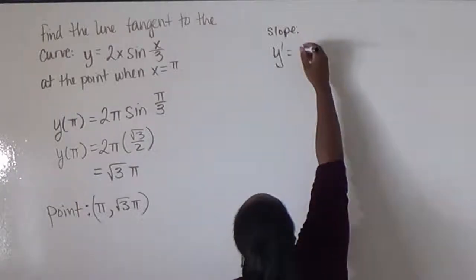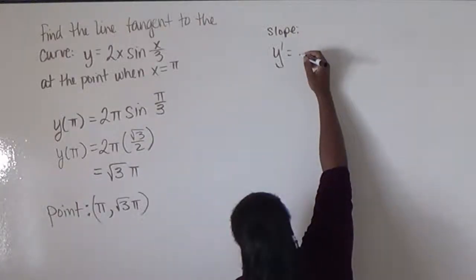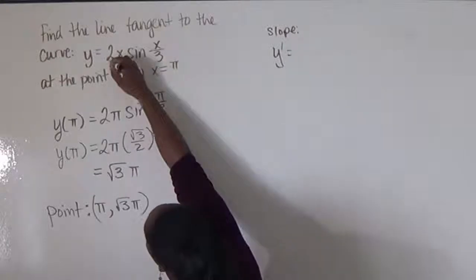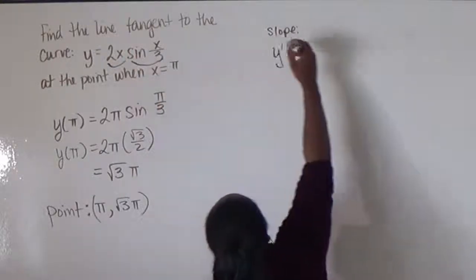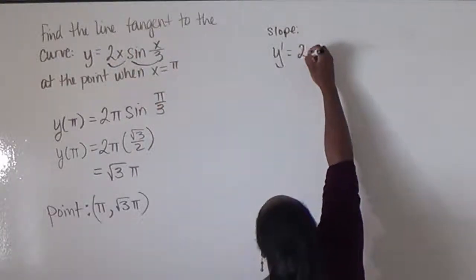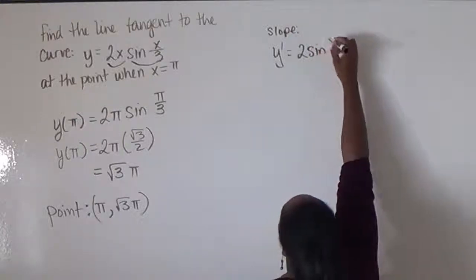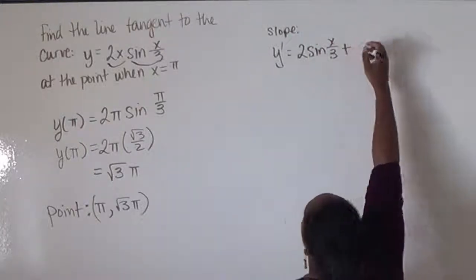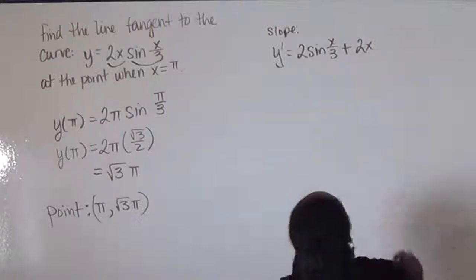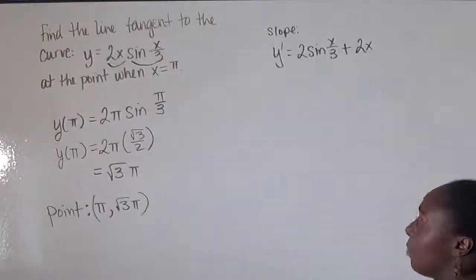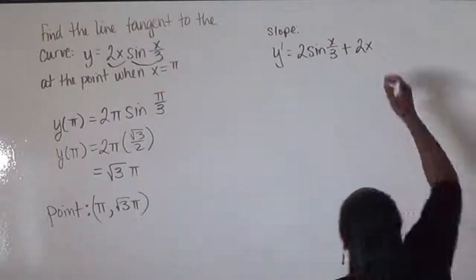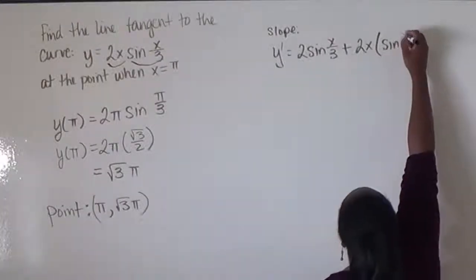So here, using our product rule first, I'm thinking of this as one piece and this is the second. We'll take the derivative of the first times the second plus the first times the derivative of the second. For the derivative of the second, again we need to apply the chain rule.